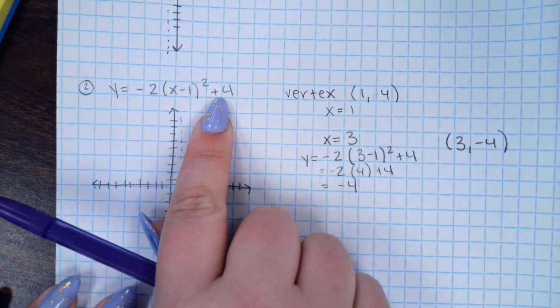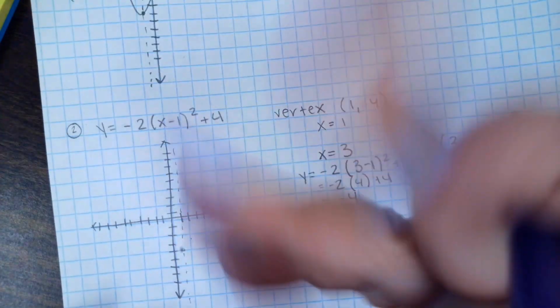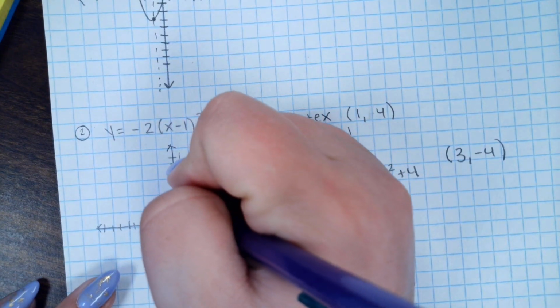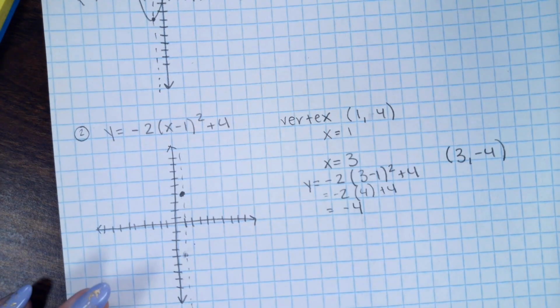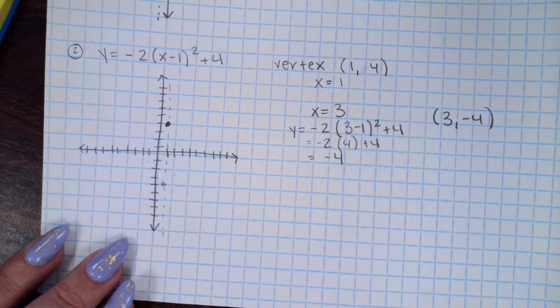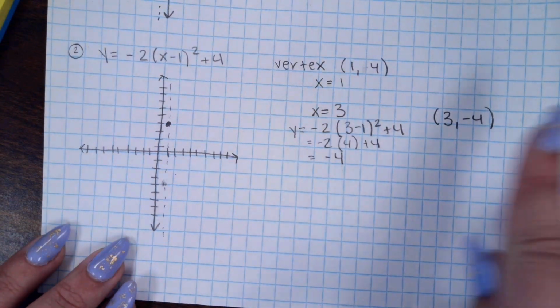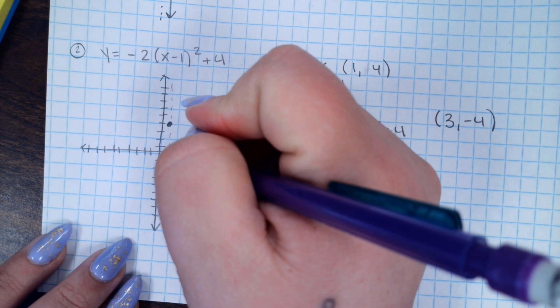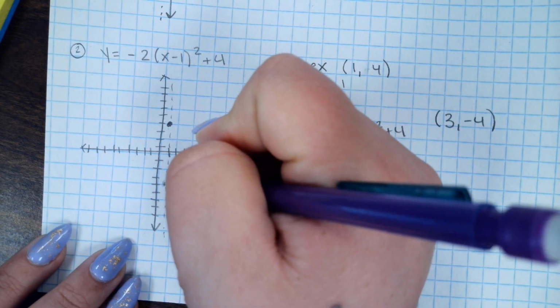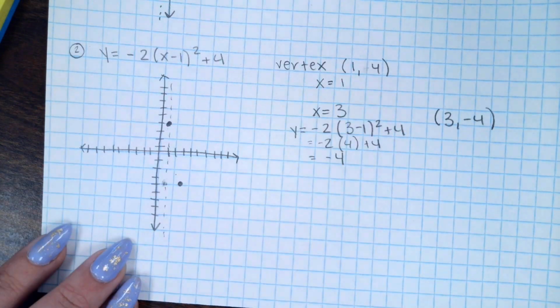Oops. Positive 4. That'll make a difference. 1, 1, 2, 3. There we go. All right, so now we can graph 3, negative 4. So 1, 2, 3, and then down to negative 4.